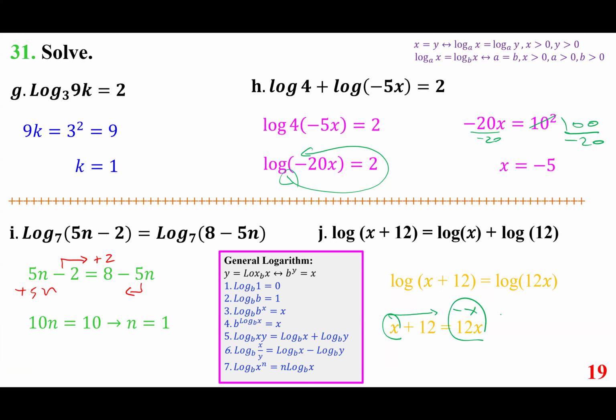This becomes 11x. Divide by 11, x becomes 12 over 11. Again, pretty straightforward, everybody.